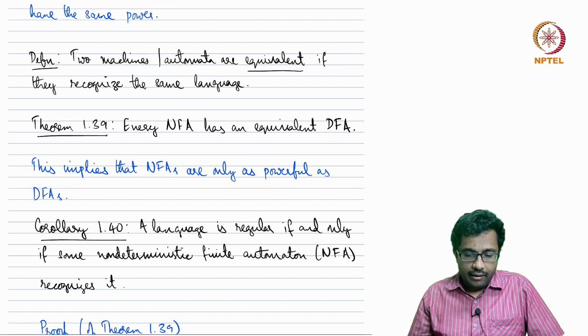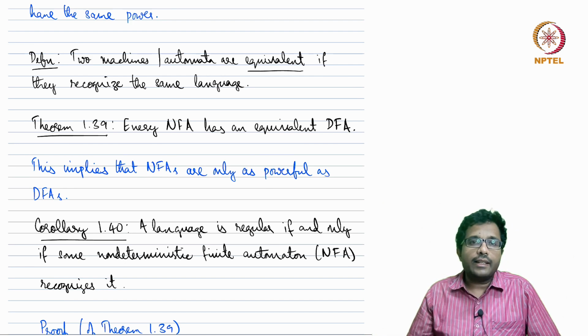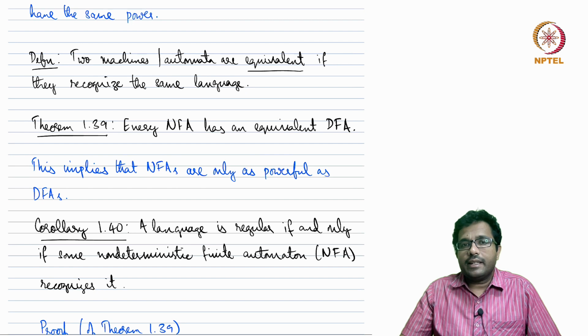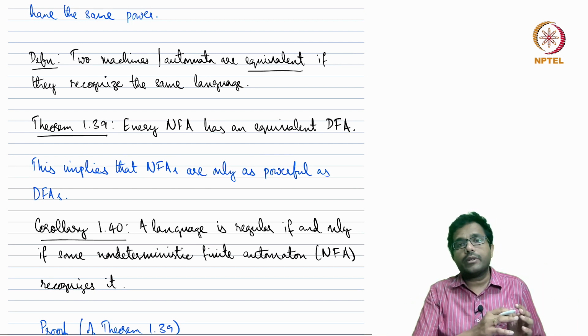But this statement shows that anything that an NFA can do, there is an equivalent DFA for it. This means that DFAs and NFAs have the same power, at least in terms of what languages they can recognize.